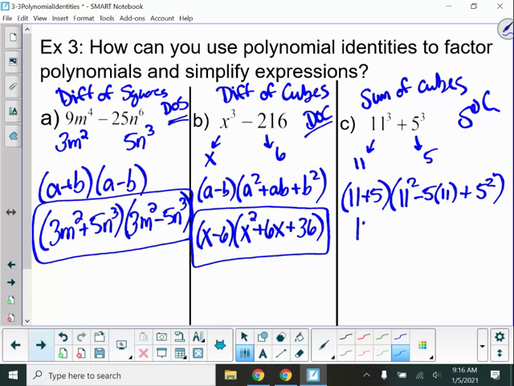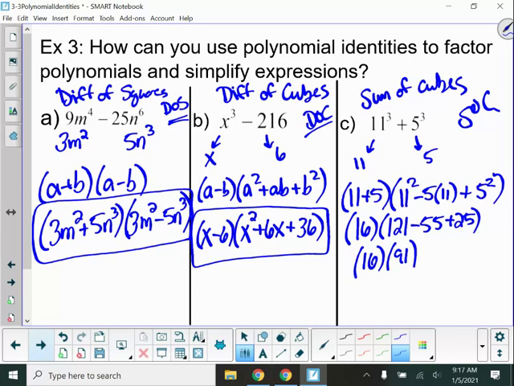So 11 plus 5 is 16. 11 squared is 121, and then minus 55 plus 25. Well, that makes a negative 30. 121 minus 30 is 91.